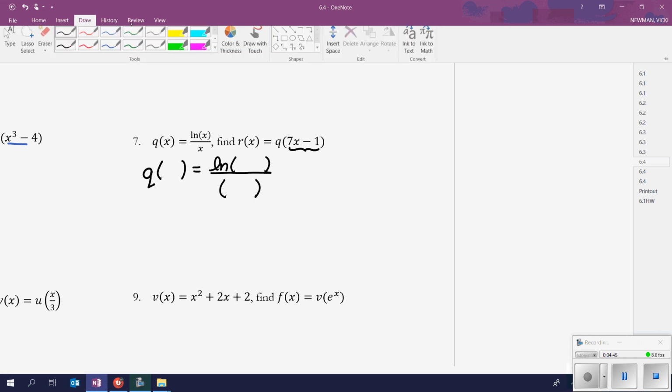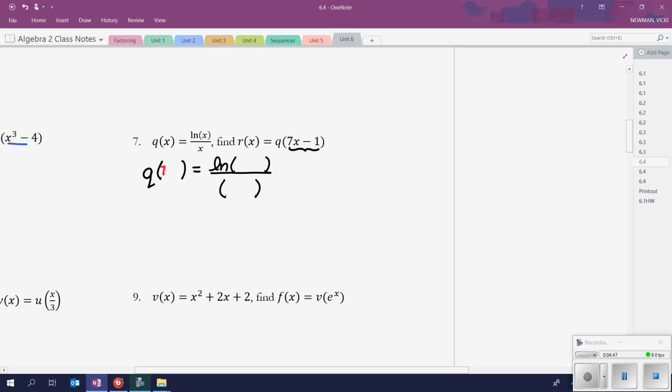Now go back and fill that in. You're taking out the x's and replacing them with a completely different expression. It said to find r of x, so we have to write it as r of x is equal to ln of 7x minus 1 in parentheses over 7x minus 1.